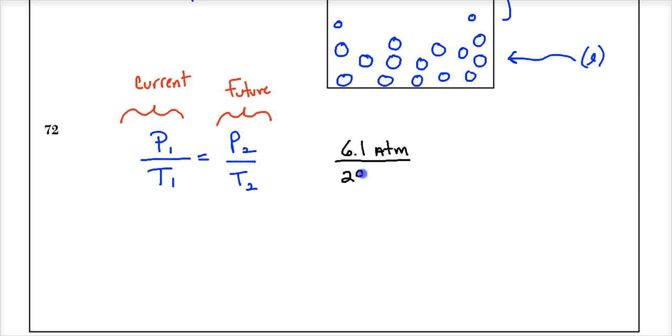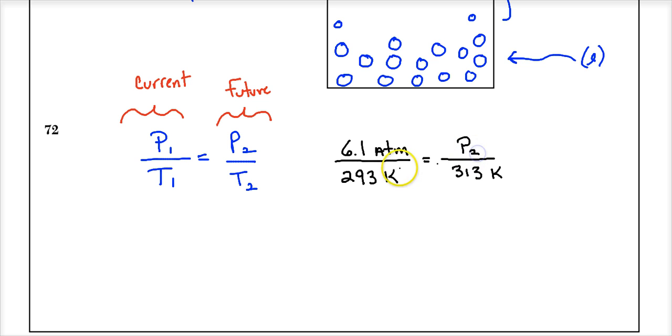So 293 Kelvin. And they're saying the tank is heated to a new temperature of 313 Kelvin. I can do this, 313 Kelvin. And basically show a numerical setup calculating the pressure of the gas at this temperature, the new pressure.